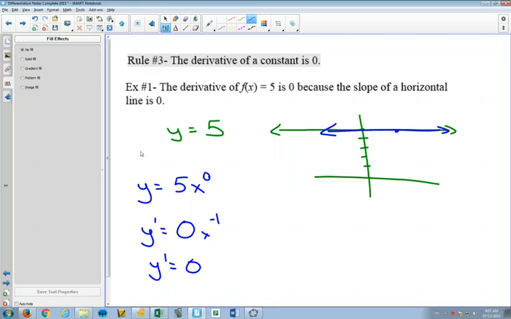It's going to equal 0. So we could also use our power rule to show this. Over time, though, you're going to see a constant number so often, you're just going to go, oh, I know the derivative of that is 0. It's just going to disappear.